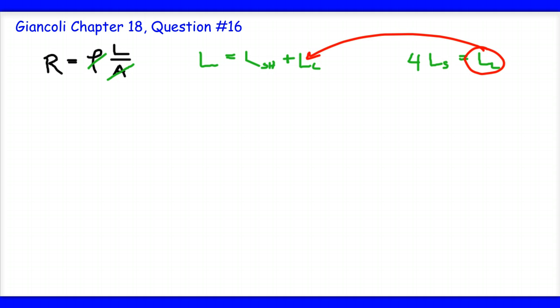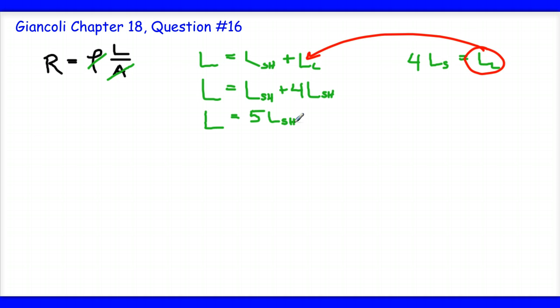Now I'm going to use this and plug this expression in here. The length of the wire is going to be the length of the short piece plus 4 times the length of the short piece. So the length of the wire is equal to 5 times the length of the single short piece.